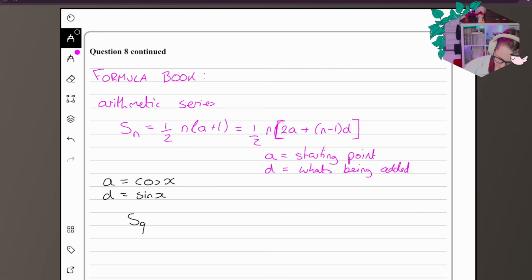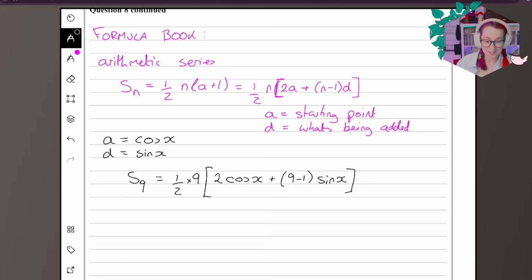So S9 is going to be 1 over 2 times 9 times 2 cos x plus 9 minus 1 sine x. I see why they're related now. So this is our equation for the sum of this series.